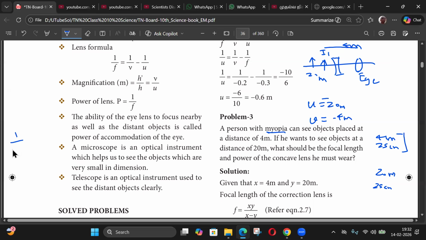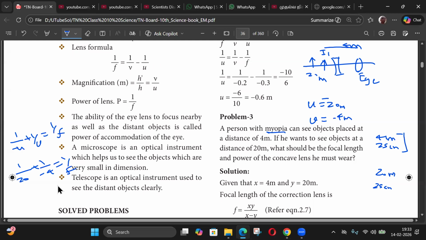So the mirror lens equation: 1 by minus U plus 1 by V equal to 1 by F. So 1 by minus U is 1 by 20 plus 1 by V, with V minus 4, equal to 1 by focal length, which is what you have to find out.